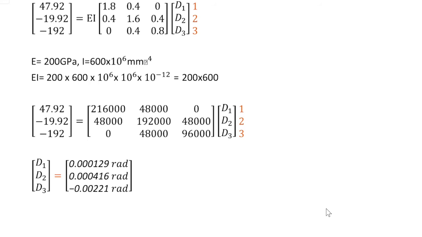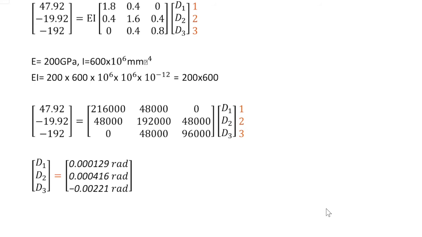It is 0.000129 radian for D1. D1 means the rotation at position 1, at position B. D2 is 0.000416, and D3 is negative 0.00221 radian. Okay, this is how we analyze unknown displacement.